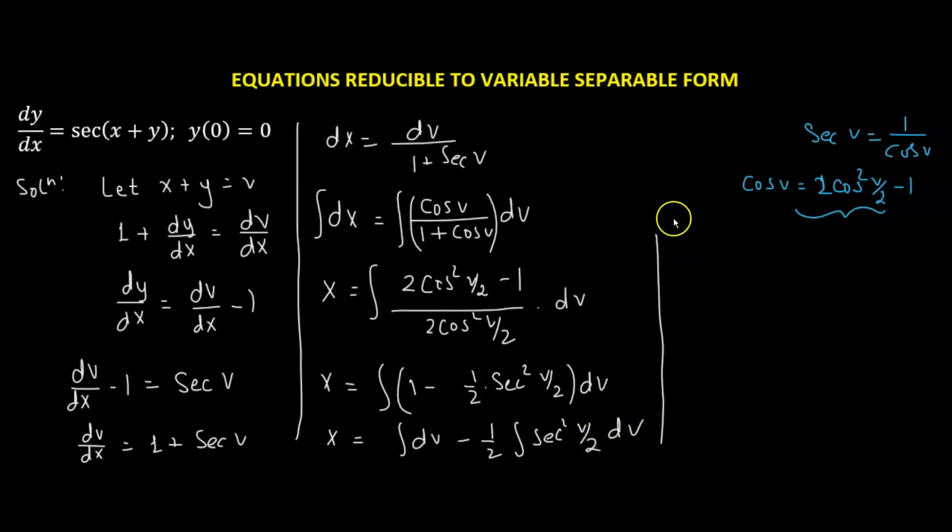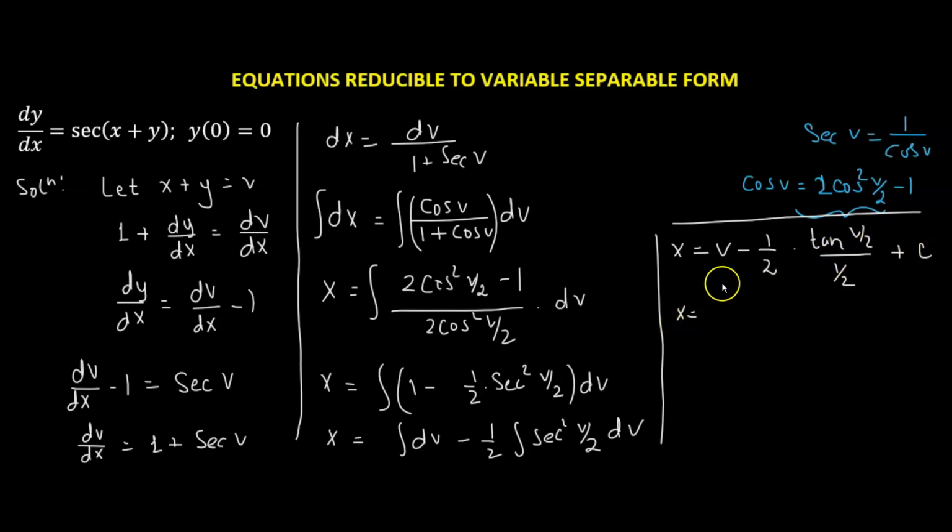So we have x equals integration of dv, so that's simply v, minus half, then we have integration of secant squared v over 2, so that will be tangent of v over 2 divided by half, plus the constant of integration c.